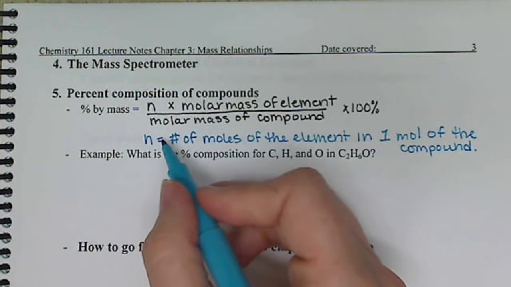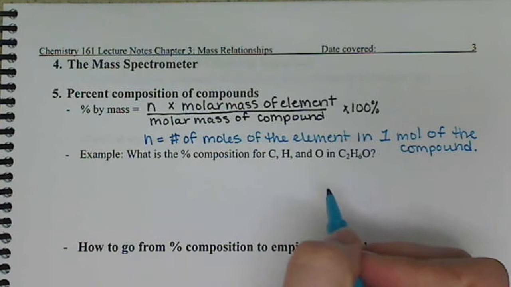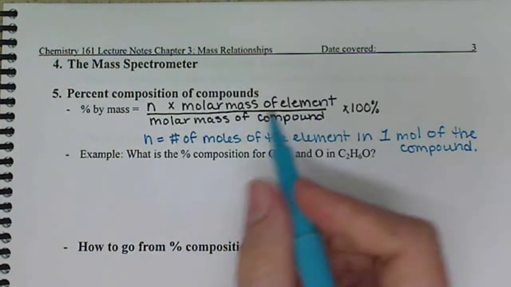So we'll get this N value generally by looking at the subscripts in the formula.